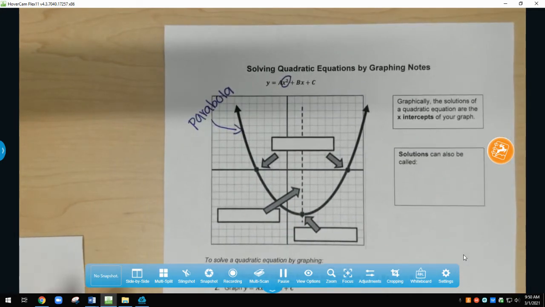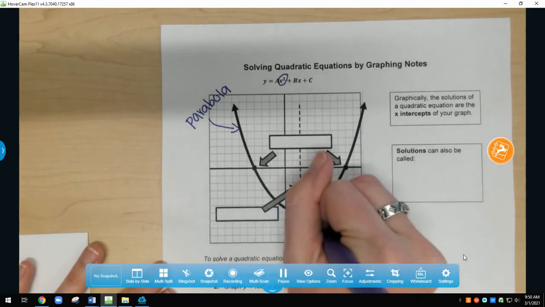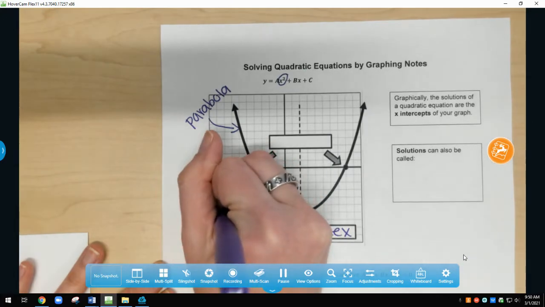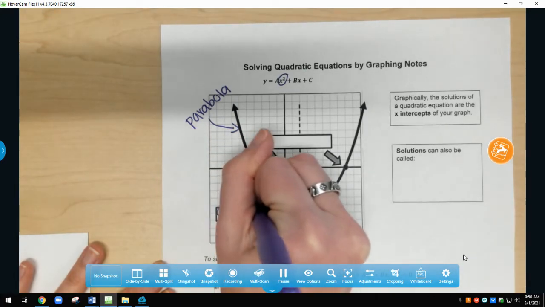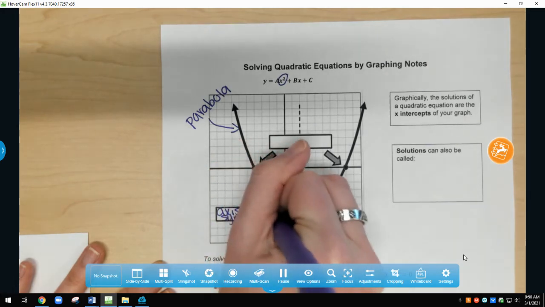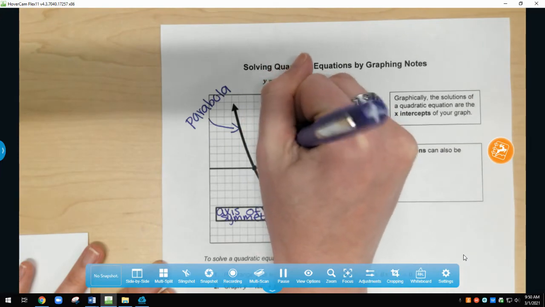So the main parts that we'll focus on are the vertex, the axis of symmetry, and today our main focus is going to be on the x-intercepts.